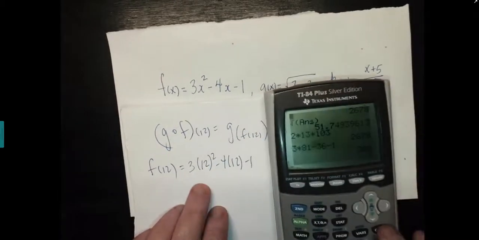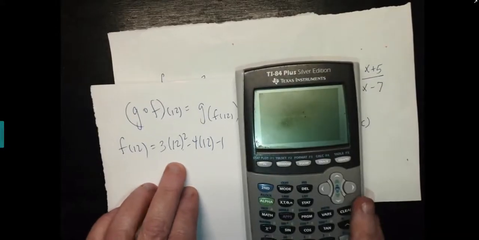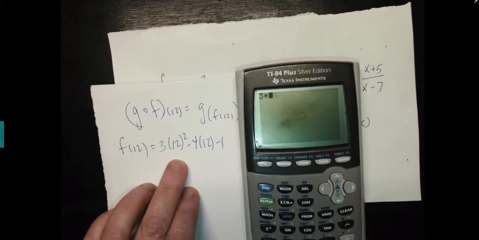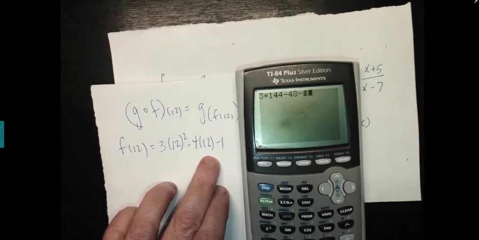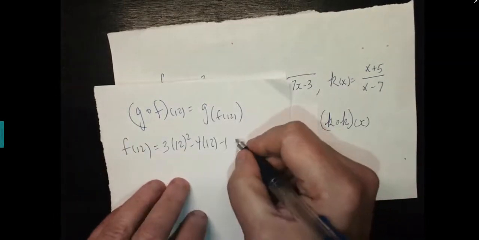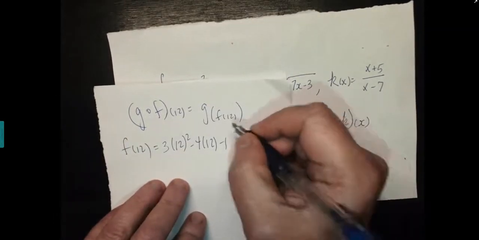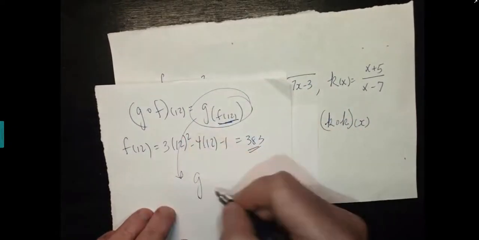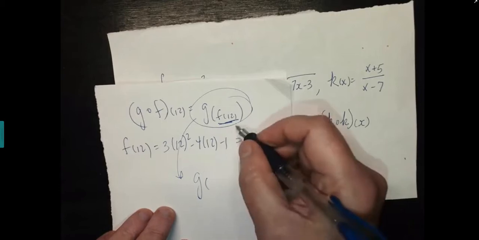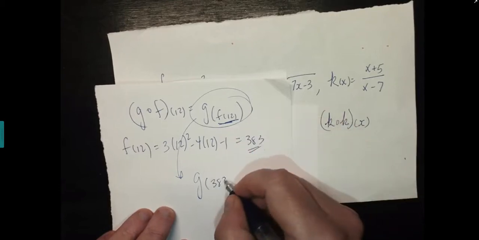So that's going to be 3 times 12 squared, so 3 times 144, minus 4 times 12, so minus 48, minus 1, and that gives us 383. And so that's going to go in there. And so that's going to become g evaluated at 383.